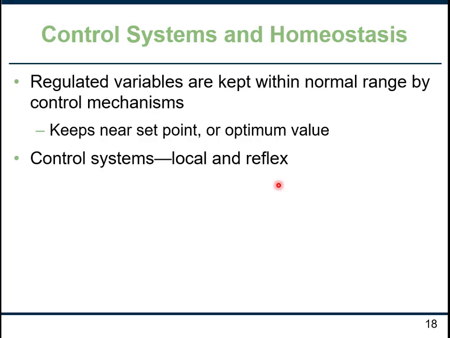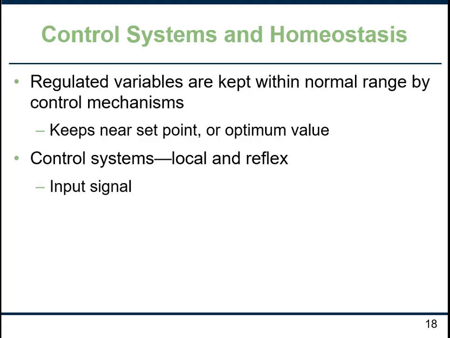One of those two is typically controlling a reflex control system. A local control system is one that's restricted to a tissue. Usually the chemical signaling, and it's usually chemical signaling that's used, is not going to go very far. So it's just basically controlling a small amount of cells in a local area.